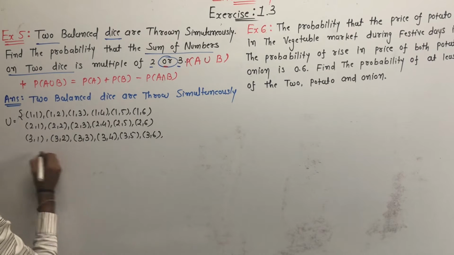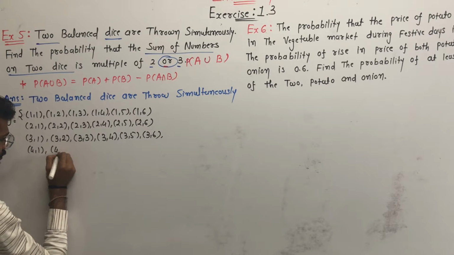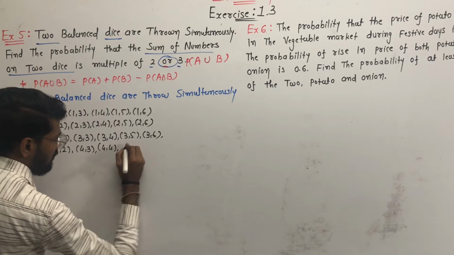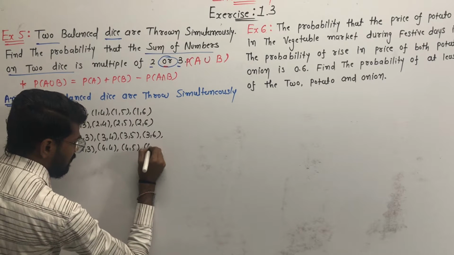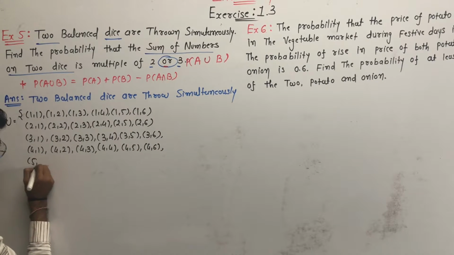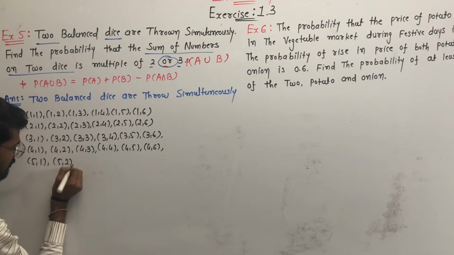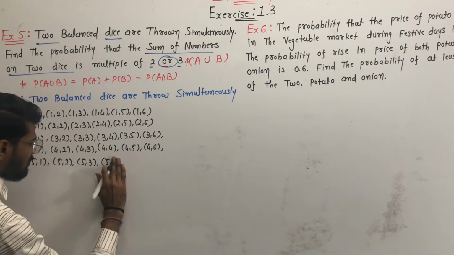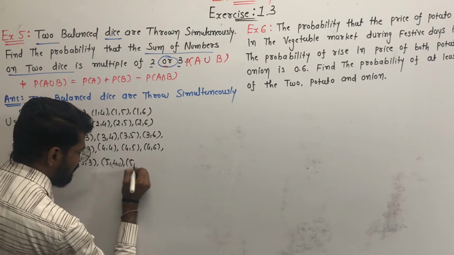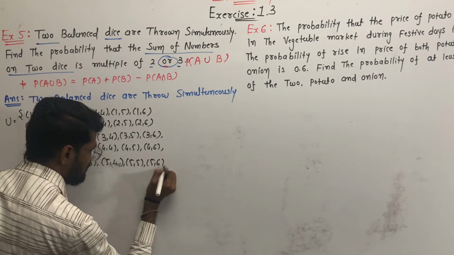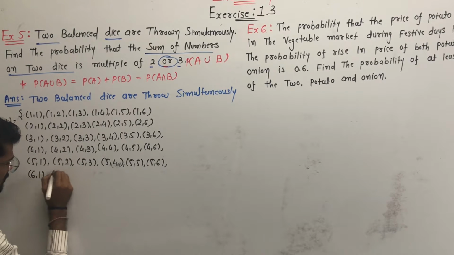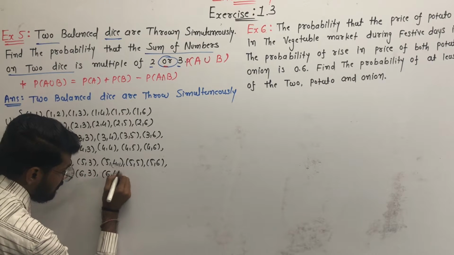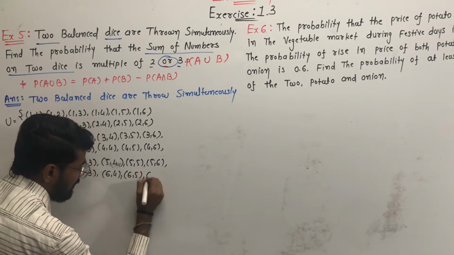Okay, then 4 1, 4 2, 4 3, 4 4, 4 5, 4 6, then 5 1, 5 2, 5 3, 5 4, 5 5, 5 6, then 6 1, 6 2, 6 3, 6 4, 6 5 and 6 6.